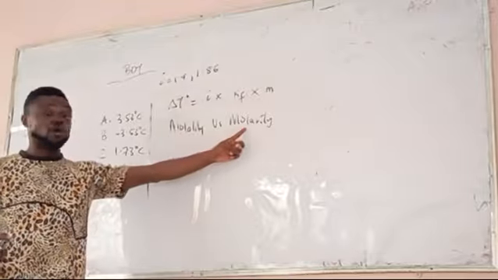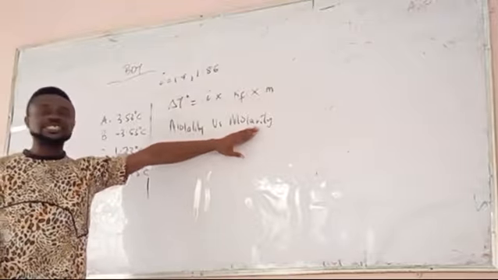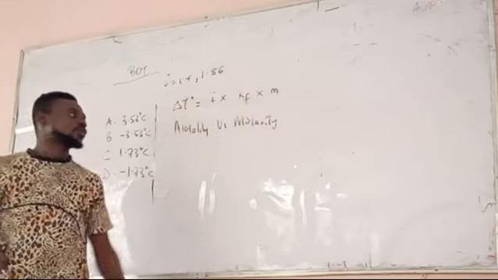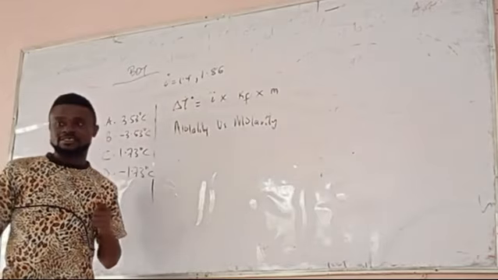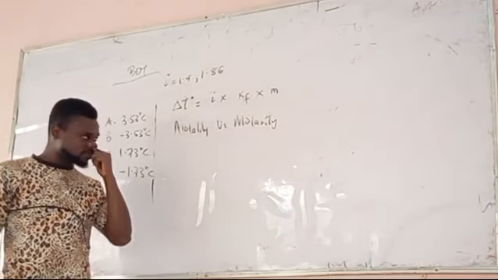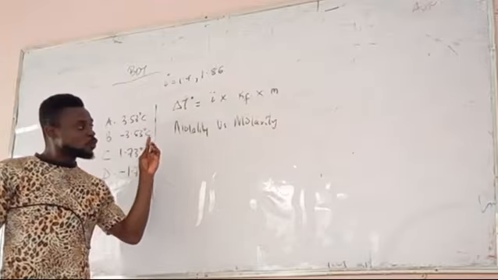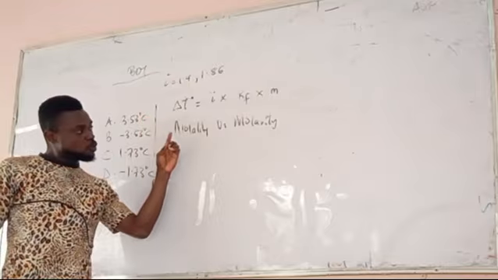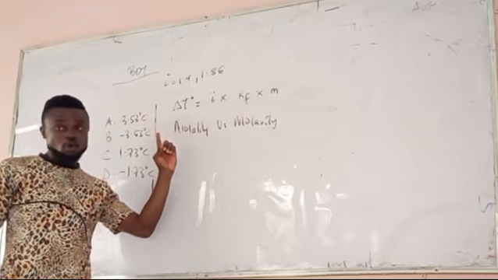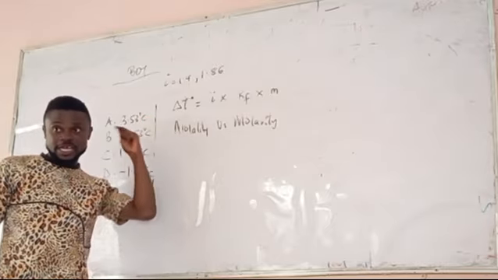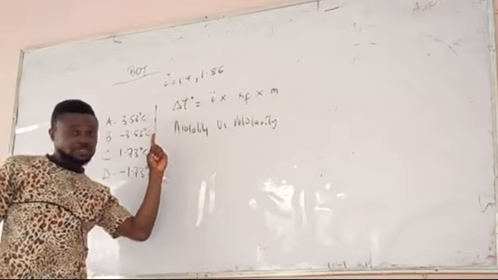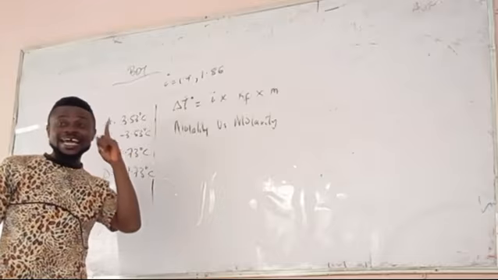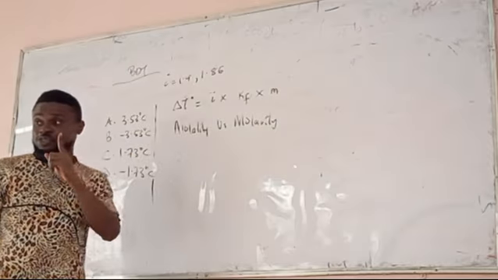Molarity and molality. Molarity is your normal concentration in the lab. But molality is simply the ratio of 1 mole of a substance in 1 kilogram of what? Solvent.